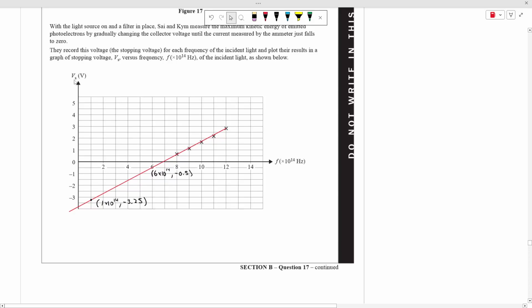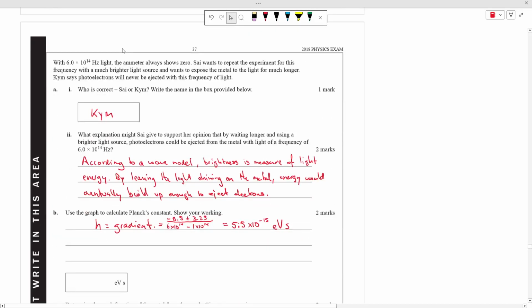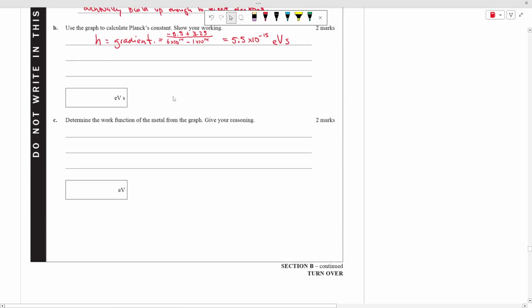If this was energy, you've got 2 options for energy. Energy could be expressed as electron volts or joules. Obviously, if this is electron volts, then Planck's constant is the electron volts version. If the energy here is joules for whatever reason, then your Planck's constant would be in joule seconds. Alright, so 5.5 times 10 to the negative 15.